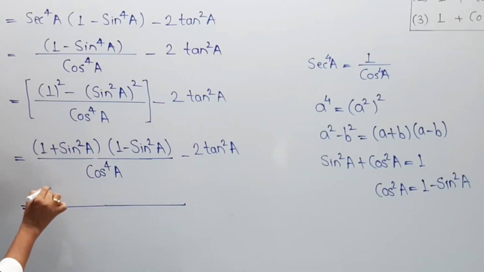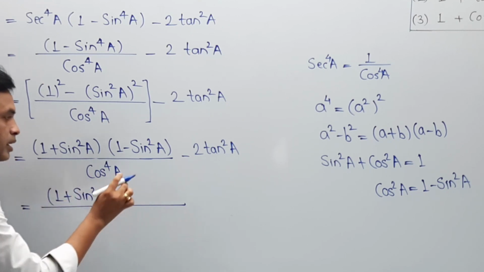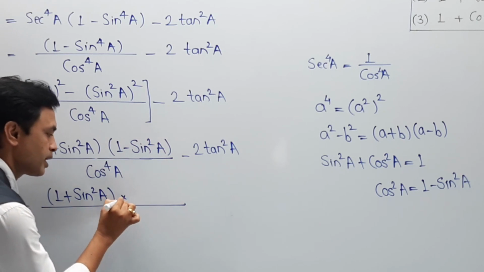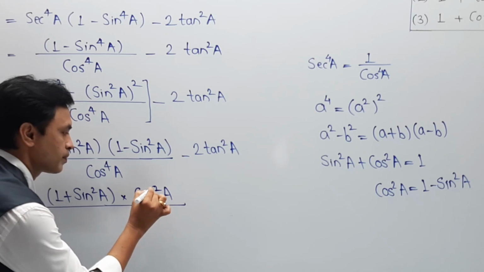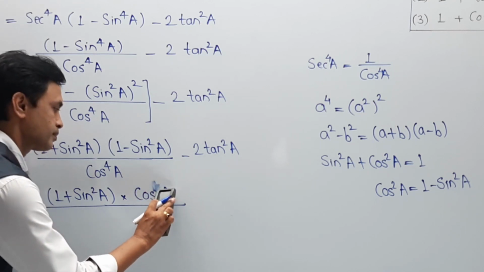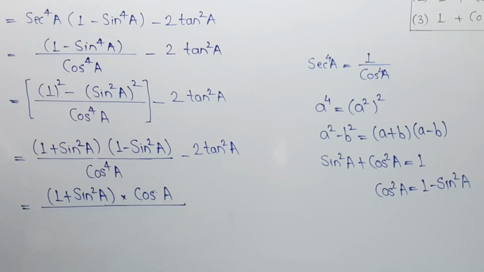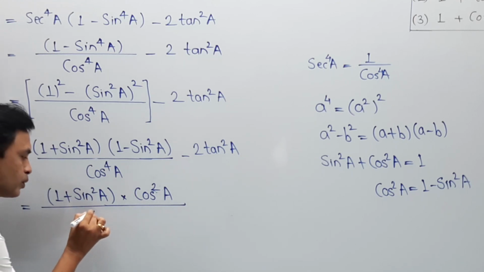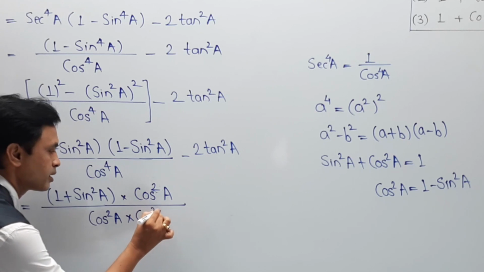So the next step, the simplification becomes 1 plus sin square a as usual, replacing 1 minus sin square a as cos square a, divided by, now I can split this part cos raised to 4a into two groups, that is cos square a into cos square a.